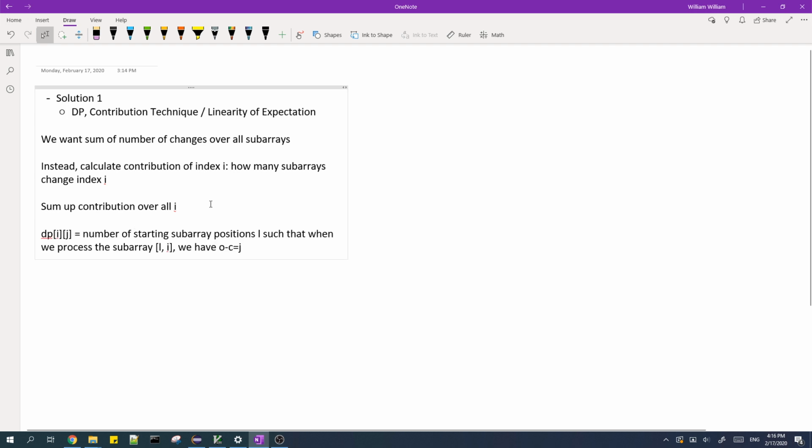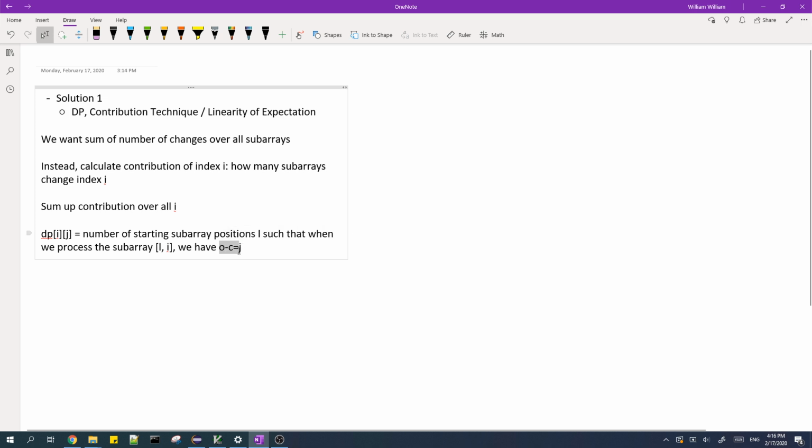And then this is where the DP comes in. So let's define this dynamic programming matrix. So dp of i j will be the number of starting subarray positions L, such that when we process the subarray from L to I, the number of opening characters minus the number of closing characters will be equal to exactly j.